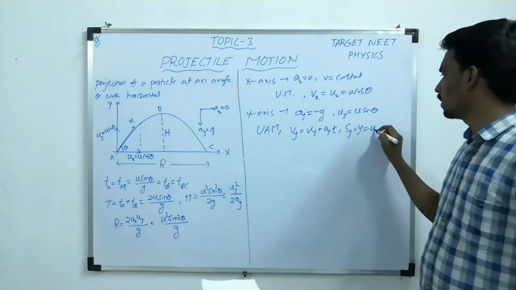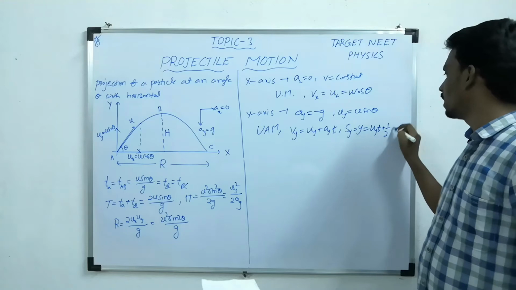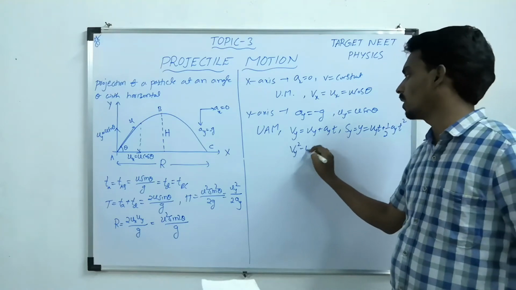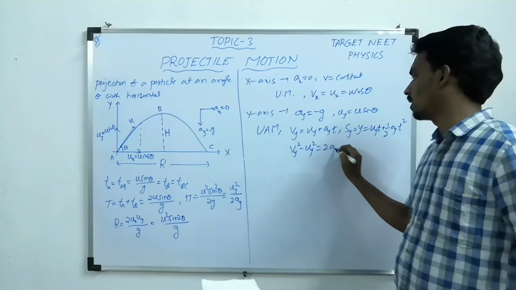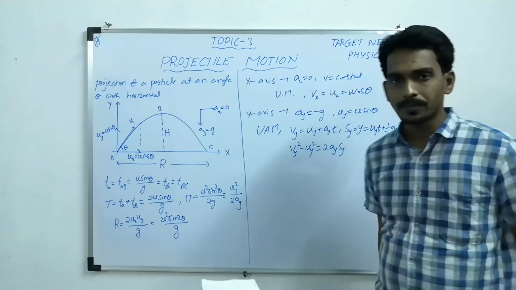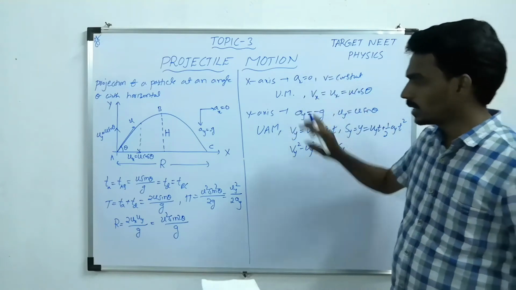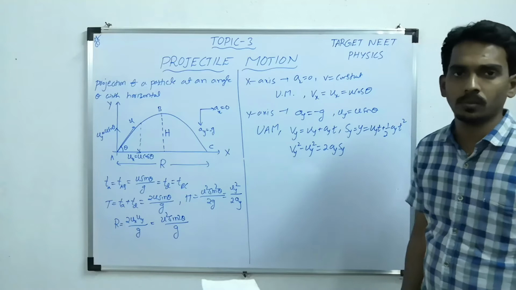So y displacement will become uyt plus half ay t square, and one more formula is vy square minus uy square equal to 2ay sy. So here uniform motion, here uniformly accelerated motion.